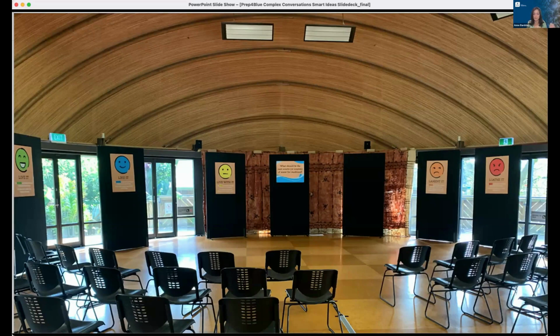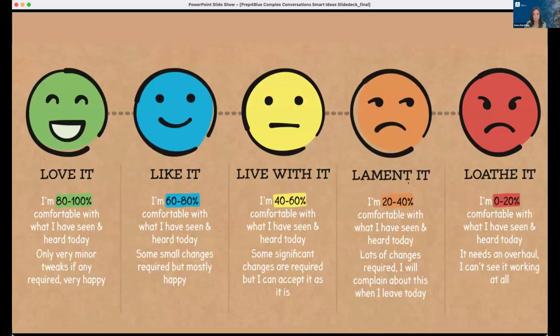They physically went and stood around in front of these different posters on the final day when they were going over the recommendations. And our rule was that because this was a consensus process, I'll just go to this slide. This is the love it to loathe it scale. It measures how comfortable they feel with a particular recommendation.